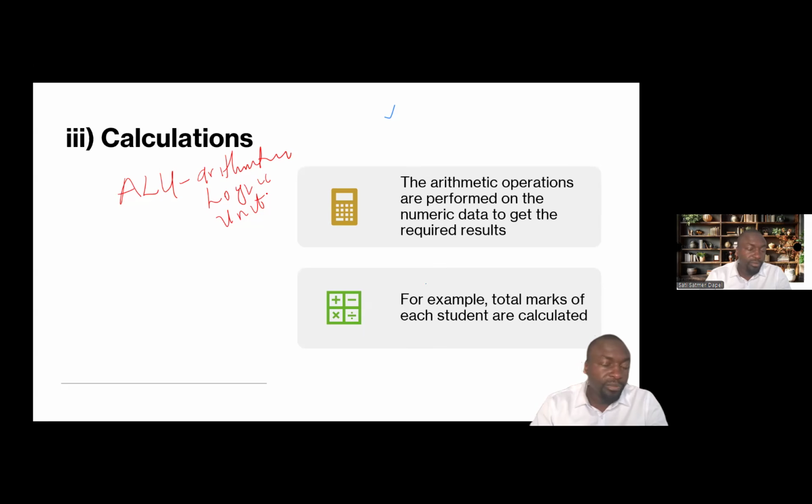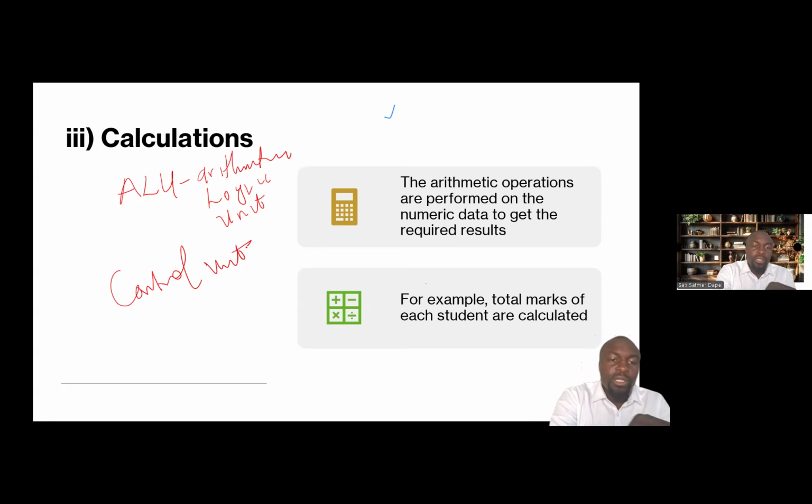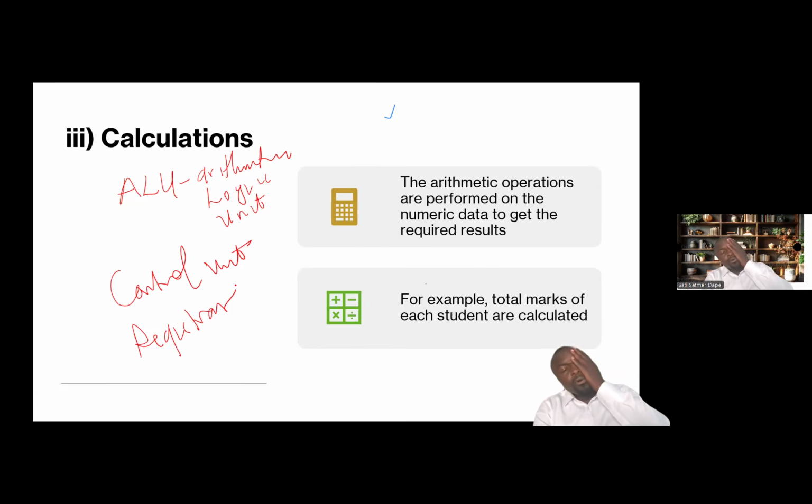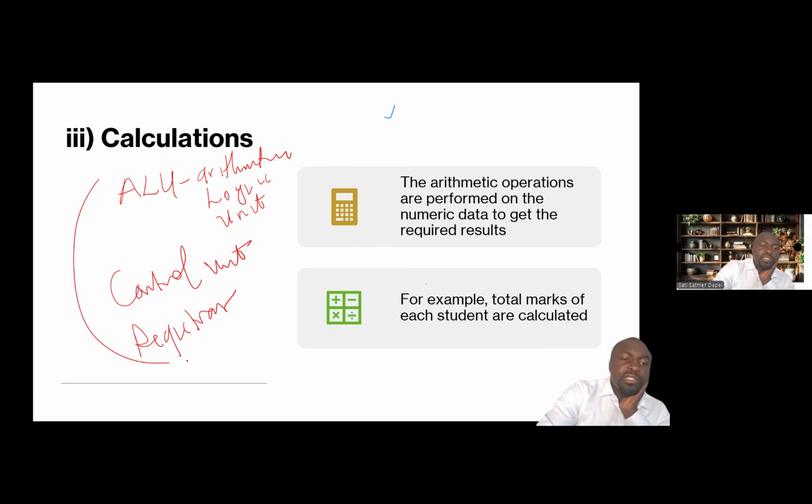Then the next one is the control unit. The control unit is responsible for generating the signals and commands that the processor is going to use. Then it has the registrar. The registrar is responsible for documenting all processing activities that have taken place. So all these things are found in the CPU.